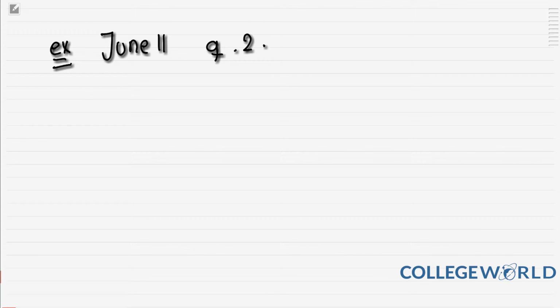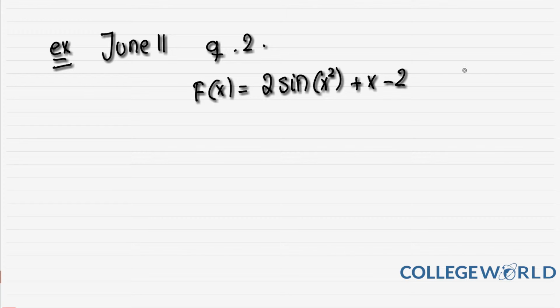and it will explain. The sort of questions you get is, here I'm solving a question from the past paper, so if you want to keep track, this is June 11, and I'm doing question 2. The question says, first of all, f of x equals 2 sine of x squared plus x minus 2, and the domain is given to be x is between 0 and 2 pi, because there's sine and such.